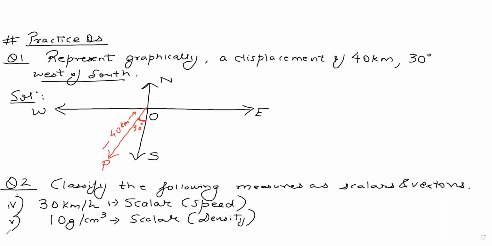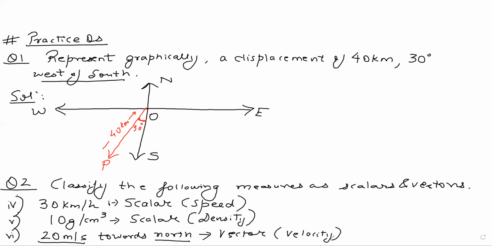And the last, we have 20 meters per second towards north. Now you can clearly see that this quantity has both magnitude as well as direction, north. So it's a vector of velocity.